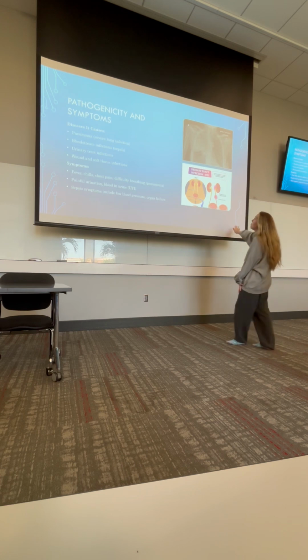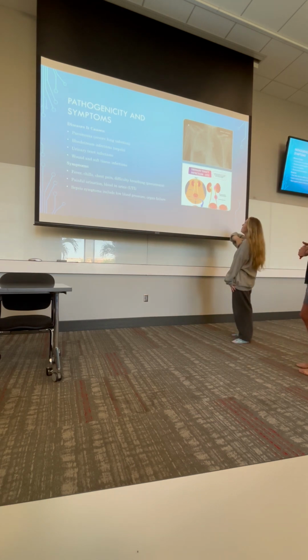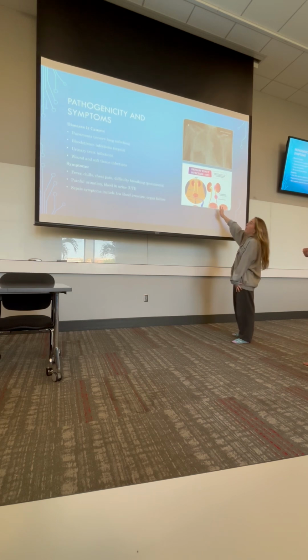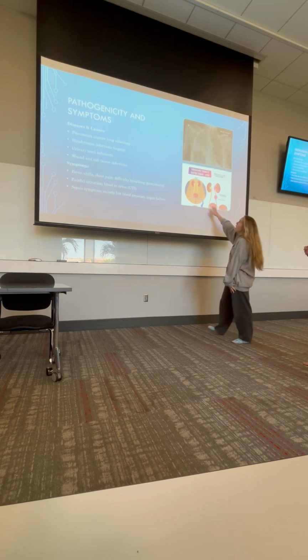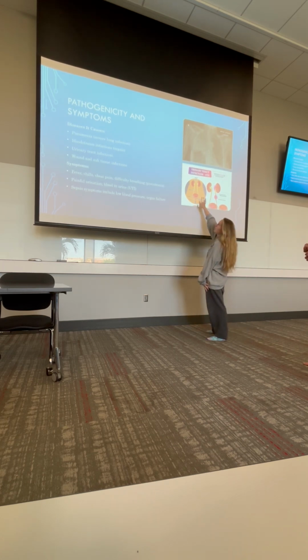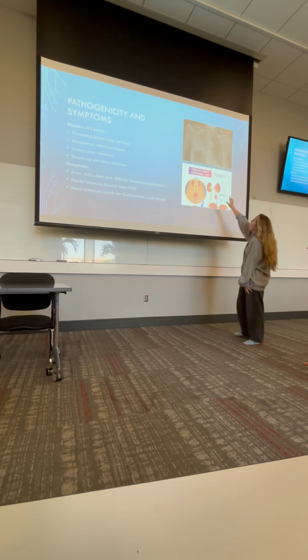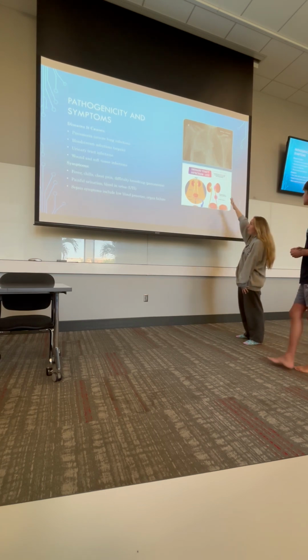Then on this picture below, it has a UTI diagram, and it's just showing how your kidneys are connected to your bladder, and how this gets affected and could cause inflammation and then infection and that pain of going through your urethra.